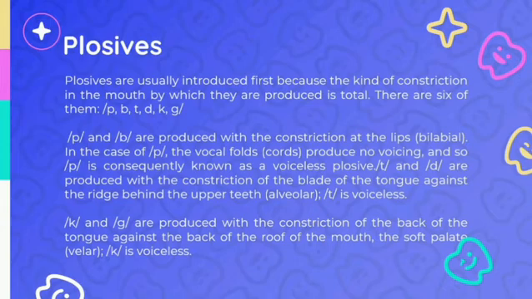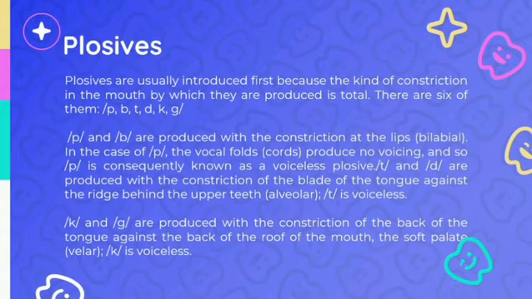In the case of p, the vocal folds or cords produce no voicing, and so p is consequently known as a voiceless plosive. T and d are produced with the constriction of the blade of the tongue against the ridge behind the upper teeth, or alveolar.